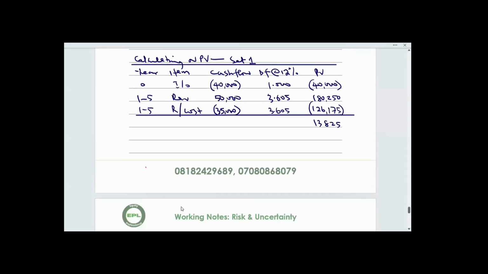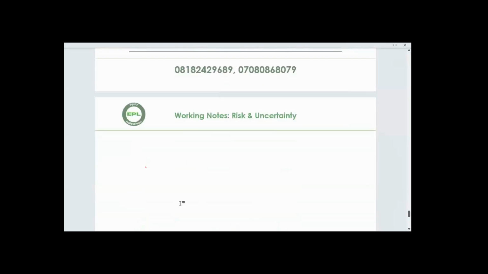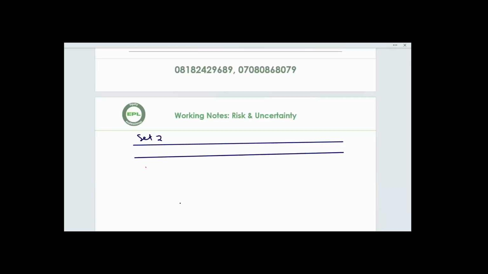I will do set 2. So create a column for year, description of item, cash flow, discount factor at 12%, then present value. Year 0, year 1 to 5, year 1 to 5.